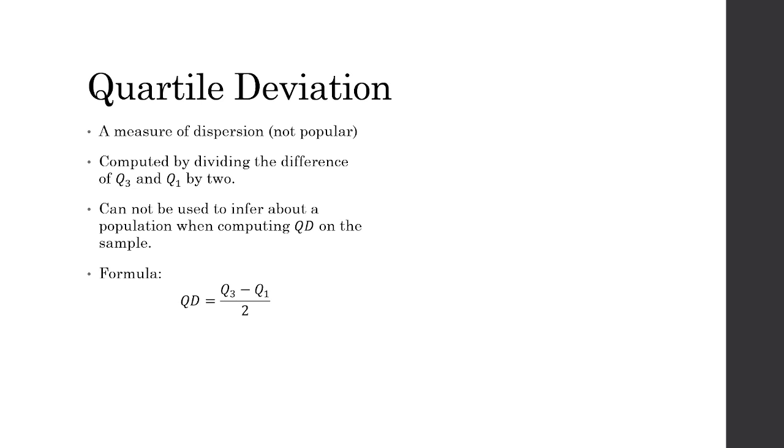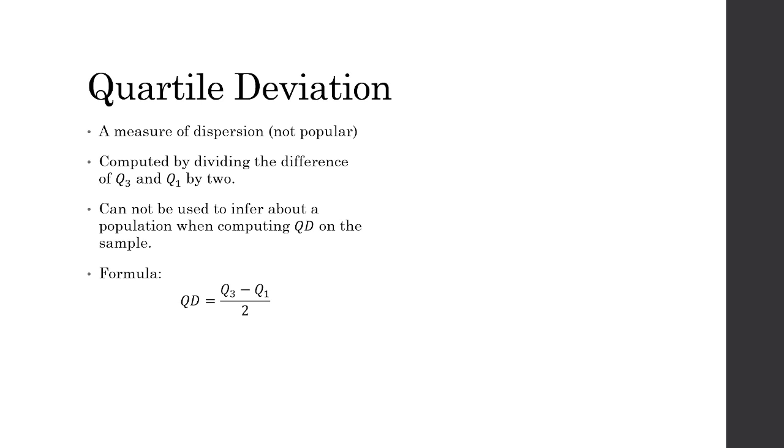So it cannot be used to infer about the population when computing QD on a sample. Ang ibig sabihin lang nito, kapag halimbawa kumuha ka ng sample ng students sa Candelaria Campus in comparison with the population, if you compute for the QD or quartile deviation for that sample, that QD will not describe the population. Hindi ko na-explain kung bakit, pero ayun, pwede nyo siyang i-avoid.